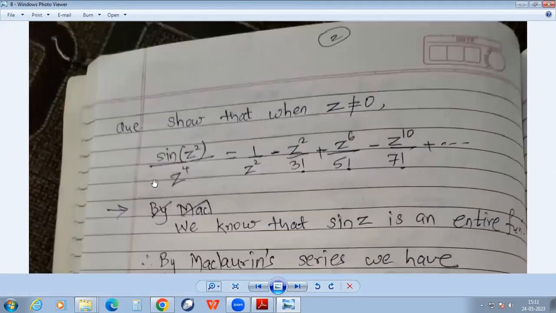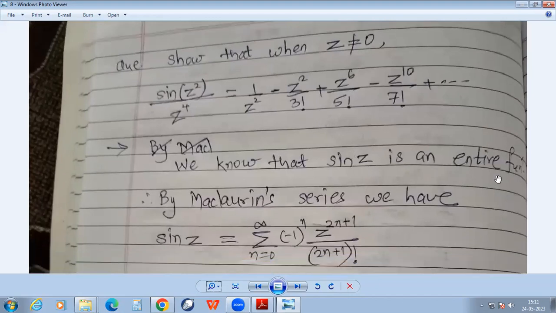The second question was expansion of sine of z square upon z raised to 4 at non-zero z. So we know sine z is again an entire function. What do I mean by entire function? A function should be analytic at each and every point in the complex plane. So sine z is an entire function.